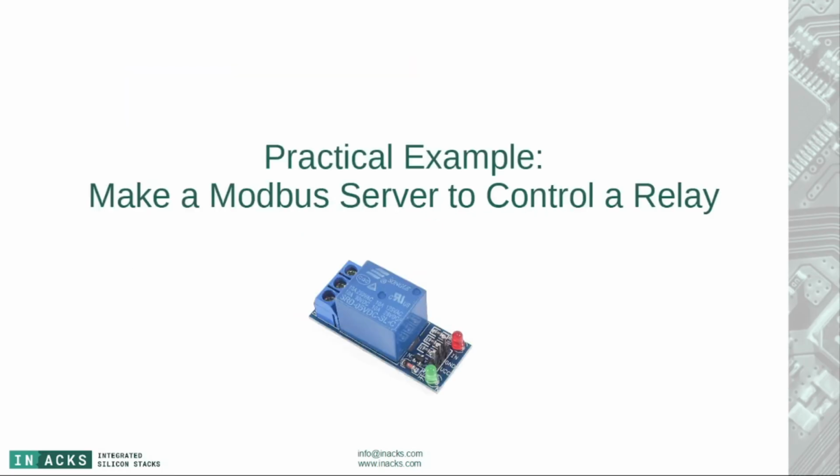As an example, we are going to make the typical Modbus server to control a relay. From a Modbus client, a Modbus Master, we will write a 1 to holding register 0, and then the relay will turn on. If you write 0, the relay will turn off. So simple.